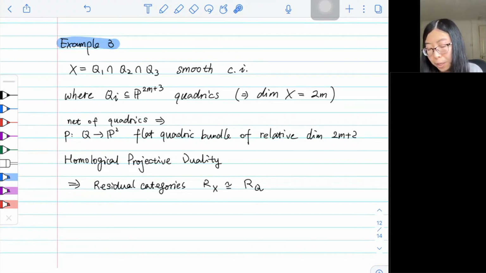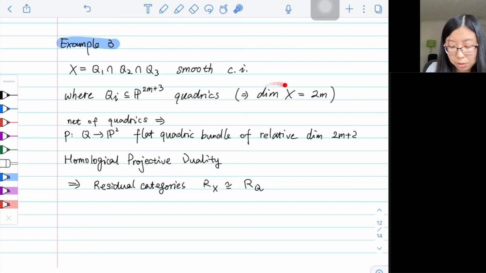In terms of the derived categories, quadric bundles and complete intersections are very closely related. So whenever you have a result for quadric bundles, you will have some applications for complete intersections. Here, let's take X to be the smooth complete intersection of 3 quadrics inside of P^(2m+3).